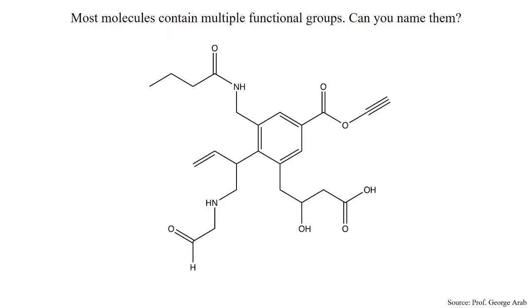As a review, in my first video, I talked about the functional groups, and what I want you to do right now is pause the video and take some time to analyze this compound and determine which functional groups are represented in this compound. So go ahead and pause, and when you're ready, unpause, and let's see if you got any of them correct.